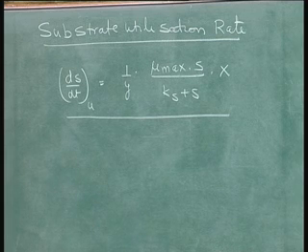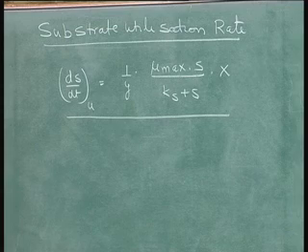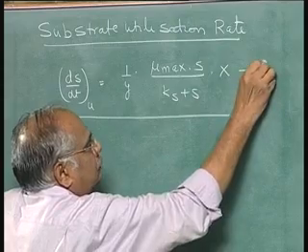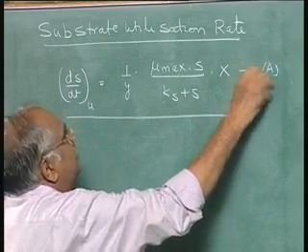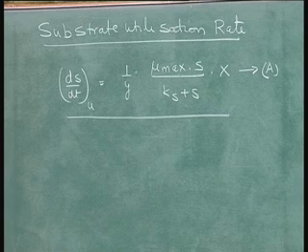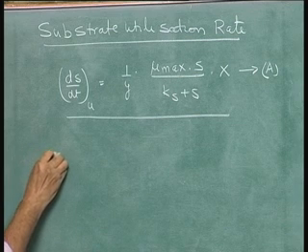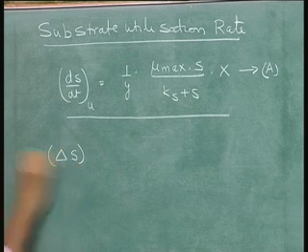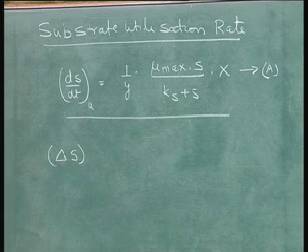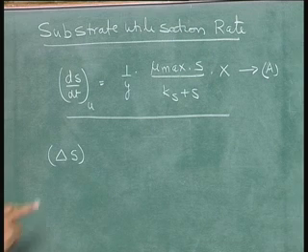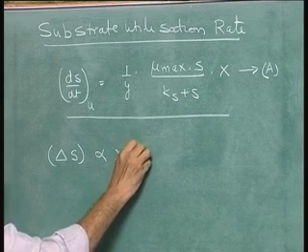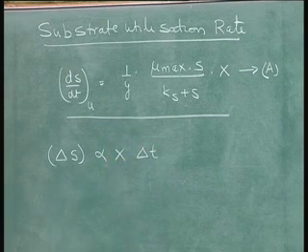This is equation A for the substrate utilization rate. Now I can also write something similar. In a unit time, suppose delta S is the substrate that is used in a unit time; the rate of substrate utilization is proportional to x delta t.